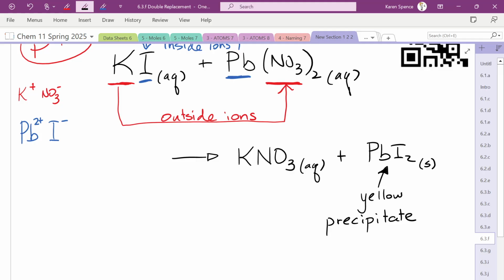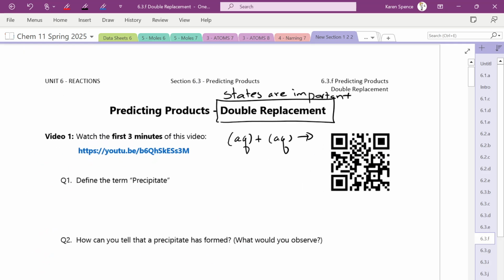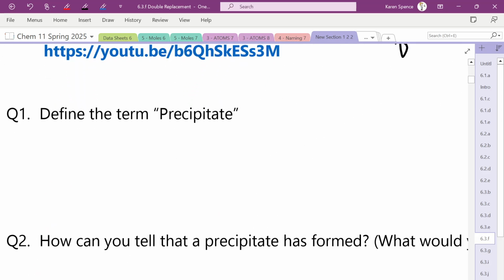So the precipitate is the solid that forms during a double replacement reaction. Okay, so it's going to be a solid salt. It's going to be an insoluble salt, a low solubility salt. So the precipitate, if we go up here and we define the term precipitate, it is a precipitate.